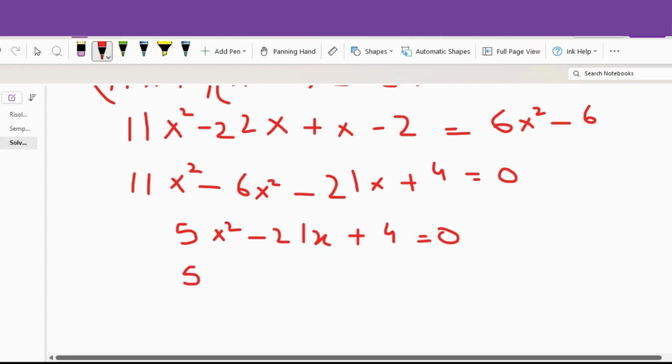We can write 5x squared minus 20x minus x plus 4 equals 0.